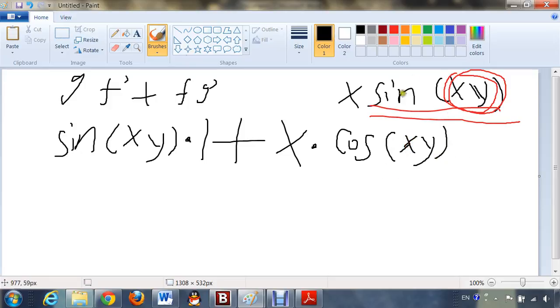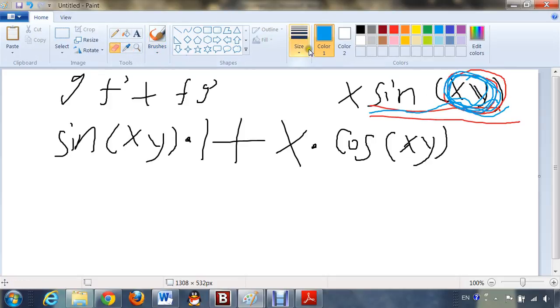Now we look back at the expression and see if we are done by just taking the derivative of sine of something, but we are not, because inside the sine, the inner part is a product, x times y. So we have to take the product rule for x times y, the derivative of x times y.